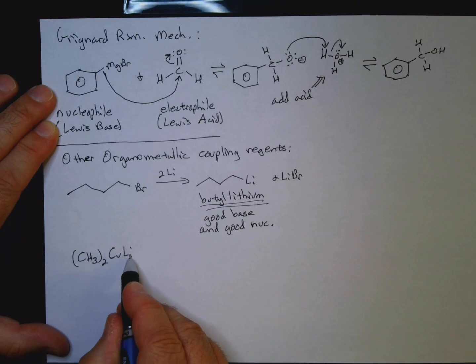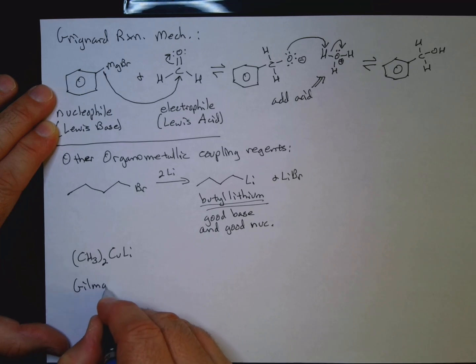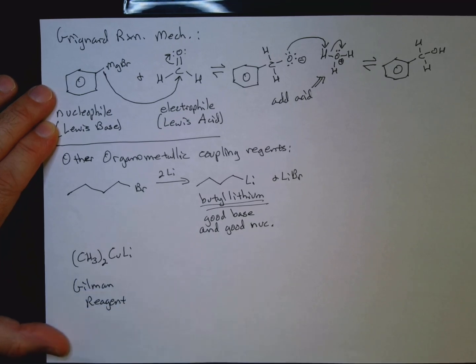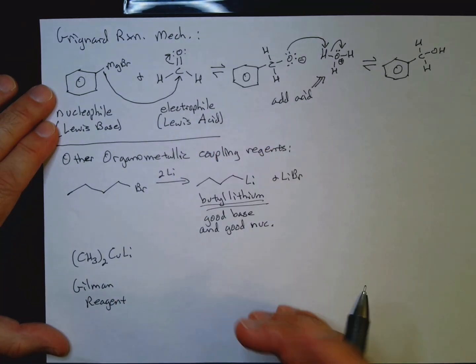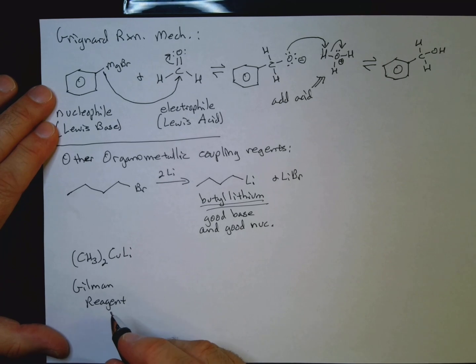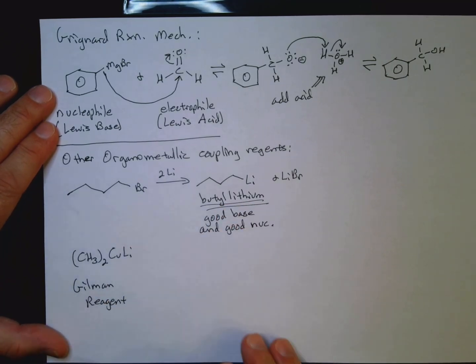So this is lithium dialkyl, the dimethyl in this case, cuprate, which you could just call a Gilman reagent. And both of these will work as nucleophiles. Gilman reagent actually doesn't work as a base that well, although you wouldn't want to react it with alcohols.